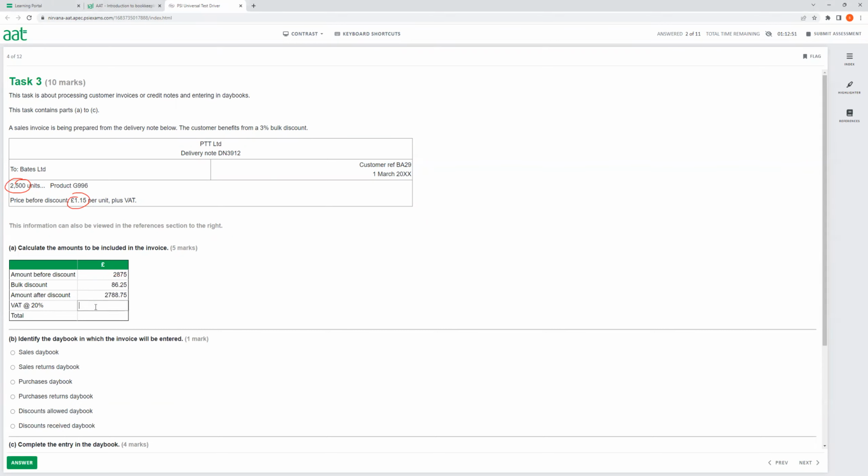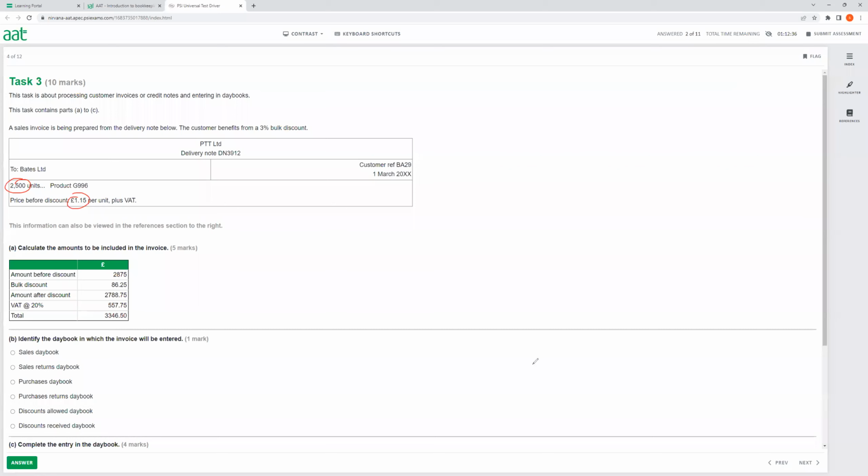That will give us 557.75, and if we add the net and the VAT, that gives us a total of 3,346.50. That's quite simple, just needs a little bit of calculation.